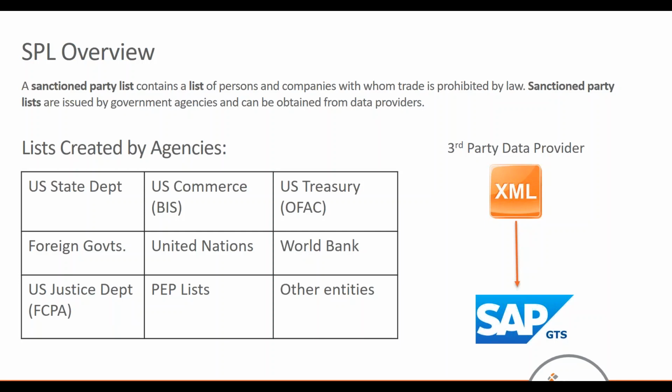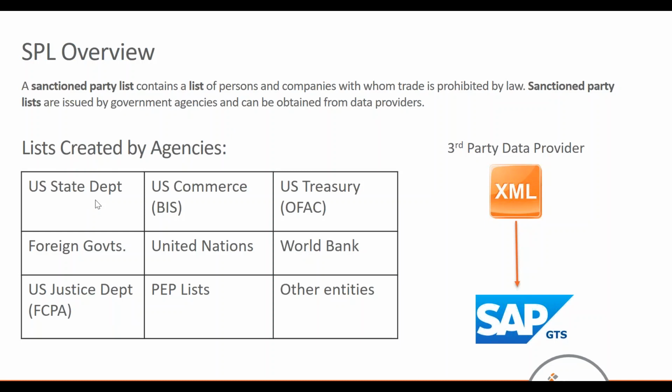A sanctioned party or a denied party is an individual or a company entity that has been denied export import privileges. Trading with such a party is prohibited by law, and any trading or financial dealing with such a party would lead to a compliance violation and can result in civil or criminal prosecution.